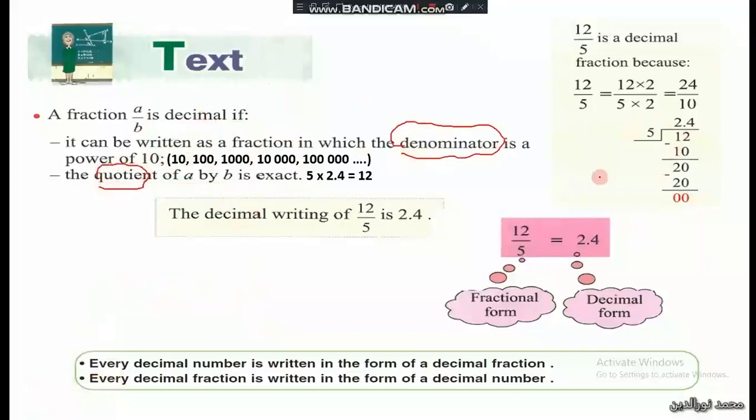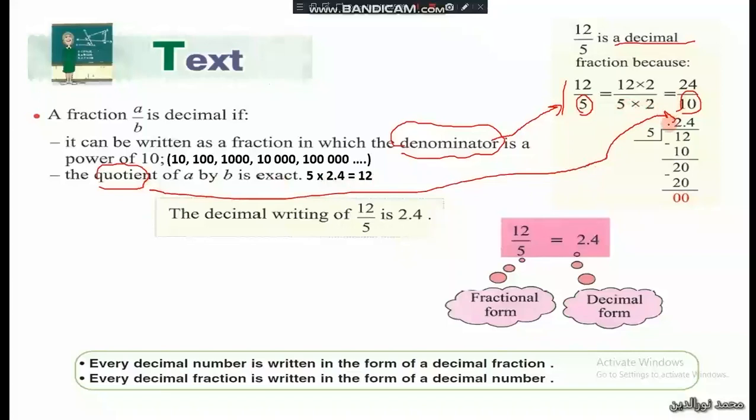Let's see here. So here 12 over 5 is a decimal fraction. Why? Because 5 could be written as 10, multiplied by 2, and the quotient here is exact. If we do the division operation it terminates, and the quotient is exact.